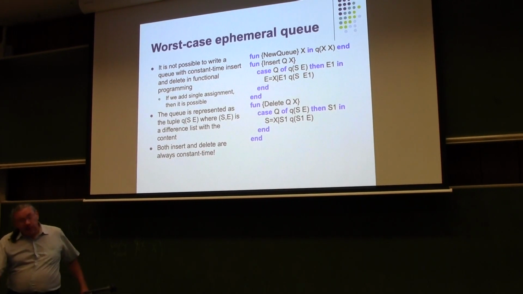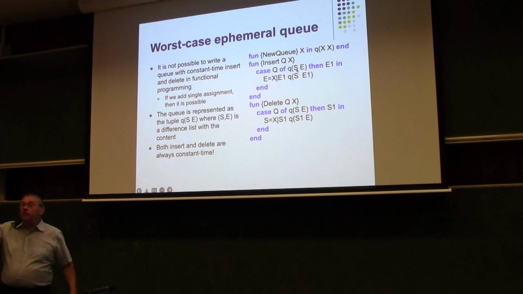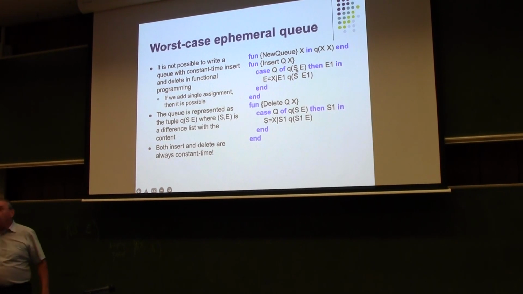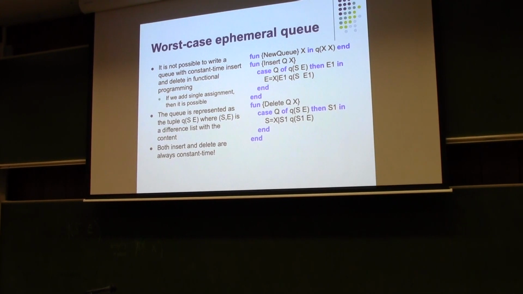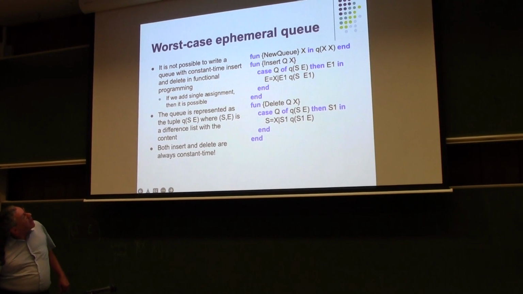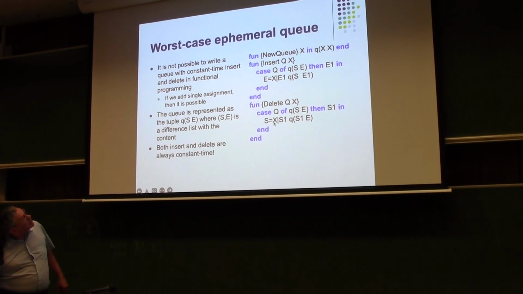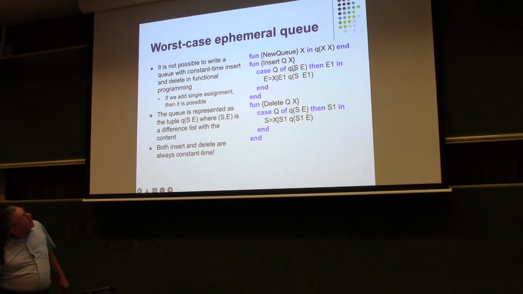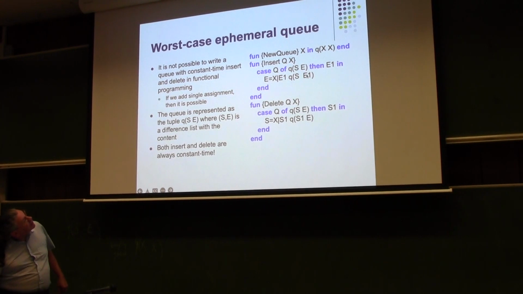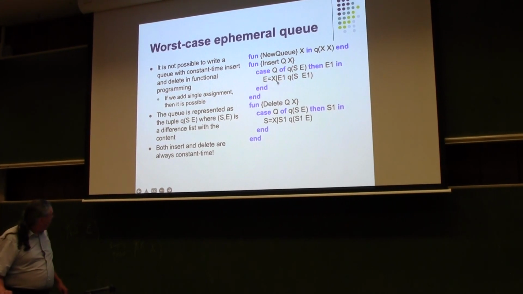Insert and delete are going to add an element and remove an element. Actually, it's the opposite of what I said: insert is adding at the back, and delete is removing from the front. Here I have S E. When I insert, I'm going to bind E to X E1.